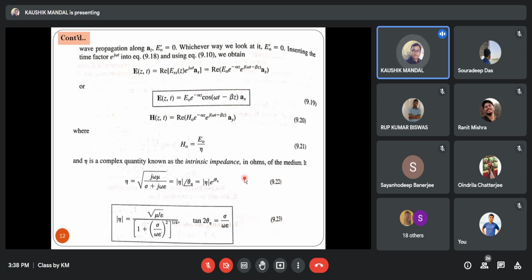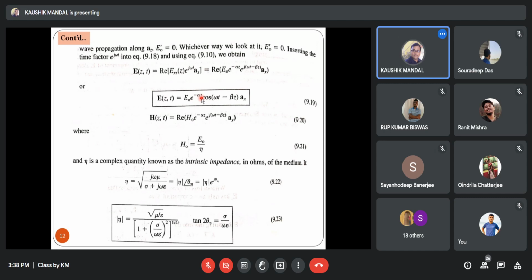The main thing is that, starting from the wave equation in a lossy dielectric medium, we have found the equations of the electric field and magnetic field, and we have seen that we have to include a propagation constant and an attenuation constant, e^(-αz).